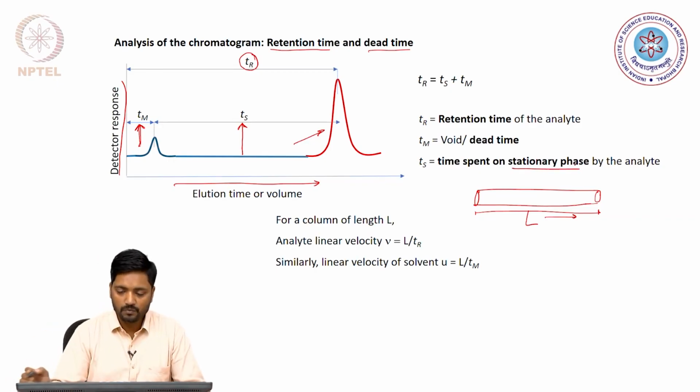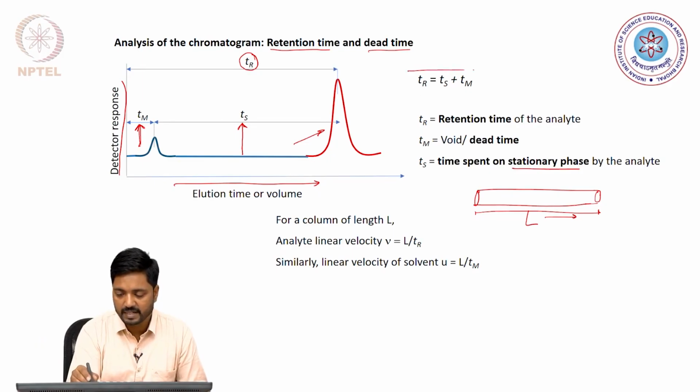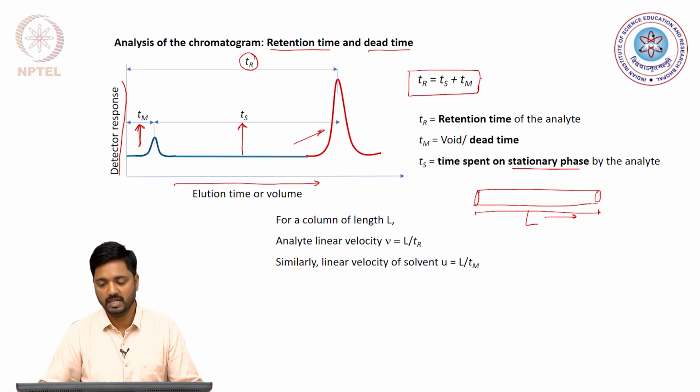So, we define the retention time as the sum of the time the analyte spent on the stationary phase plus the time that is denoted as the dead time or the void time.